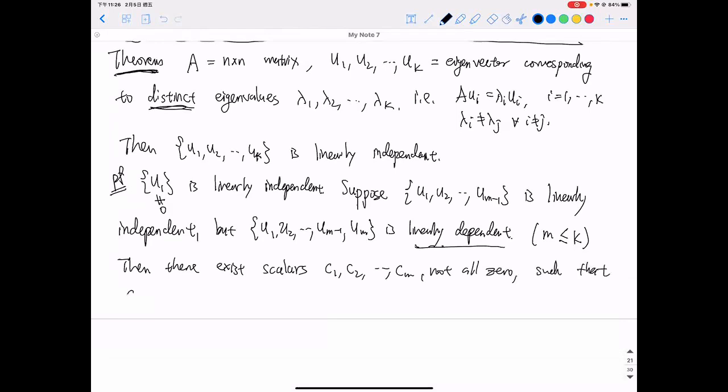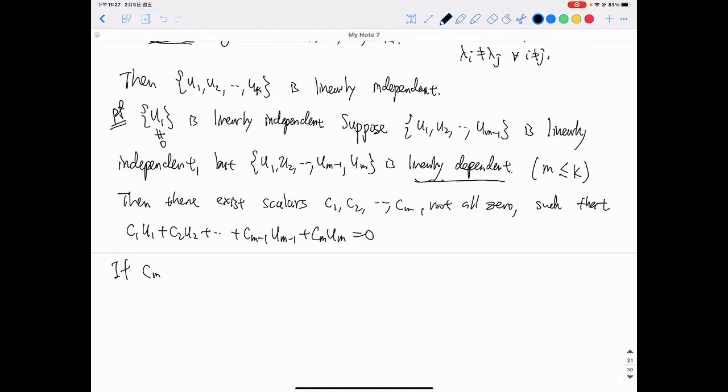Being linearly dependent means you have a linear combination that's equal to 0 whose coefficients are not all 0.